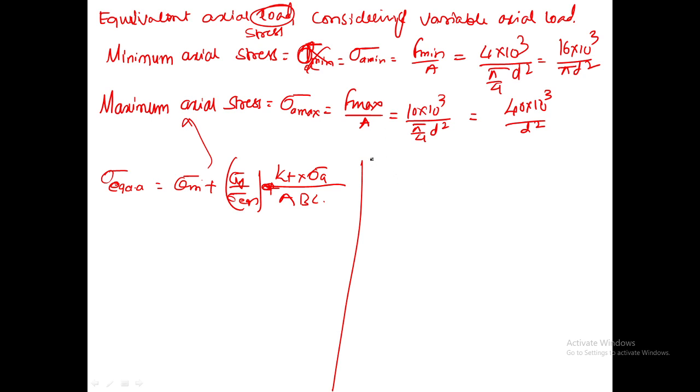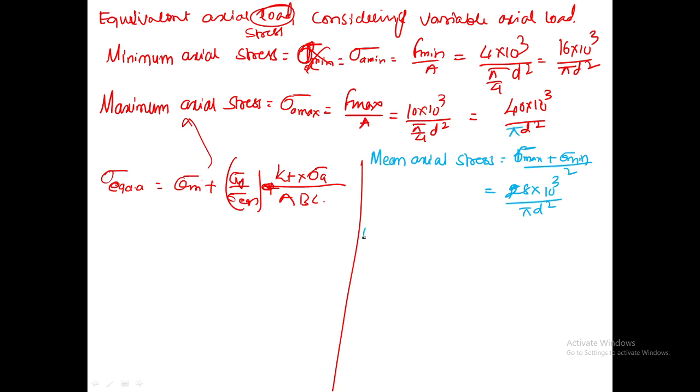So now let us go for the mean axial stress. Mean axial stress. Okay. So now this is what sigma max plus sigma minimum divided by 2. I think we are going to get 56, means 28 into 10 to the power of 3 divided by pi d square. Okay.